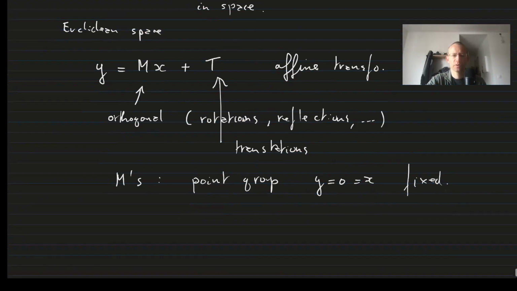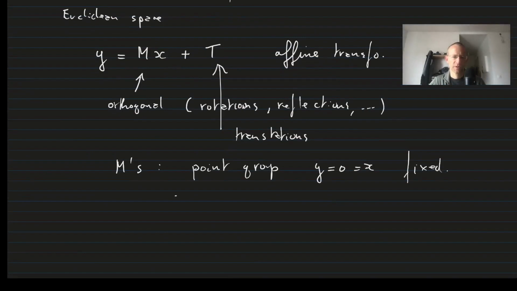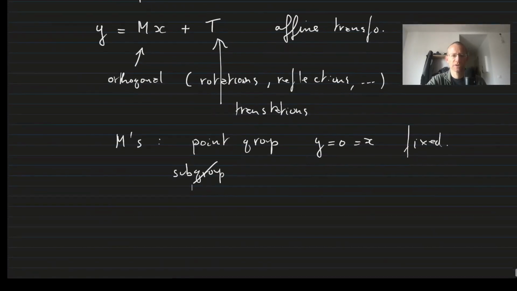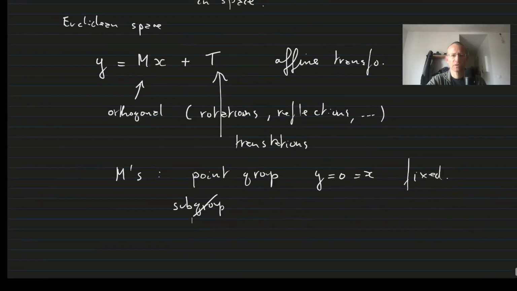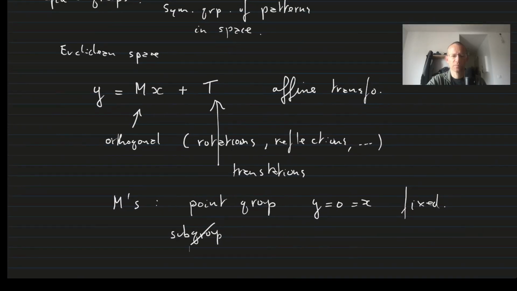However, the point group is not a subgroup of the space group. Not necessarily, because the translation T might depend on a particular matrix M to form a particular space group. So the point group is not necessarily a subgroup.